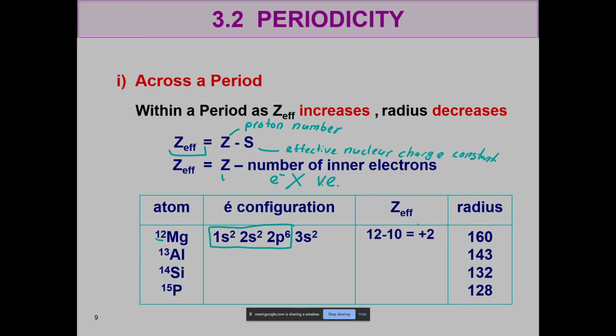Okay, so what is the effective nuclear charge of magnesium? Okay, magnesium dia punya proton number 12 lah kan, sama dengan dia punya elektron. So 12 tolak dengan the number of inner electrons, okay, so 10. So dia punya charge is plus 2. This one you have to do plus 2 lah.